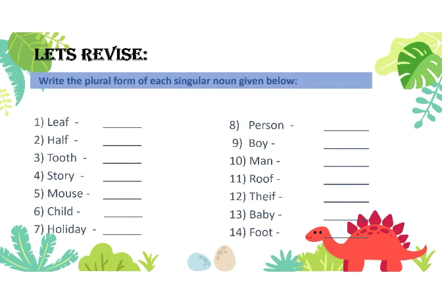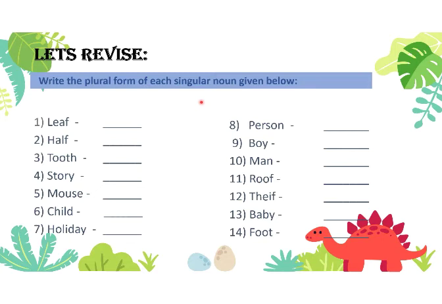Students, let's revise what we have learned. I've taught you rule number 3, rule number 4, and rule number 5, irregular nouns. So let's try to solve this exercise. Some words are given to you. You have to change them into plural form. Write the plural form of each singular noun given below.